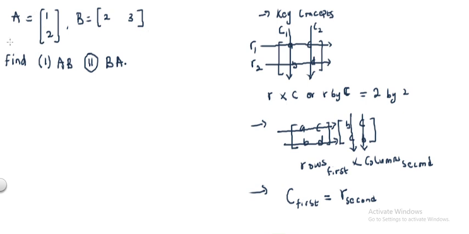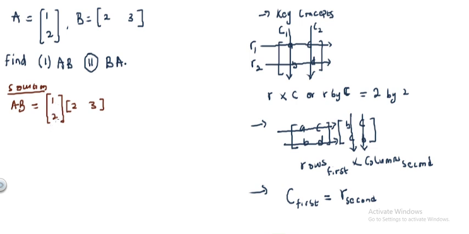We are given a matrix A and a matrix B, and we are told to first of all find AB and BA. So I'll be writing the solution here. To find matrix AB, I'll write matrix A, which is 1 and 2 here, and I'll write matrix B, which is 2 and 3 here. First of all, before I even start multiplication, the first step is to check whether I can multiply the 2 matrices.